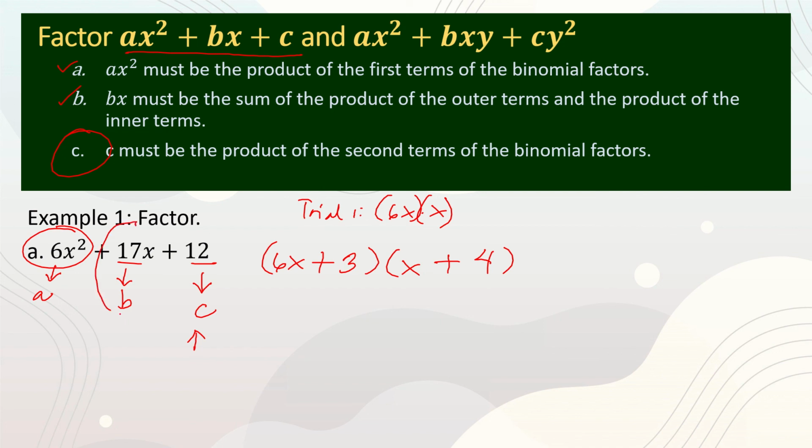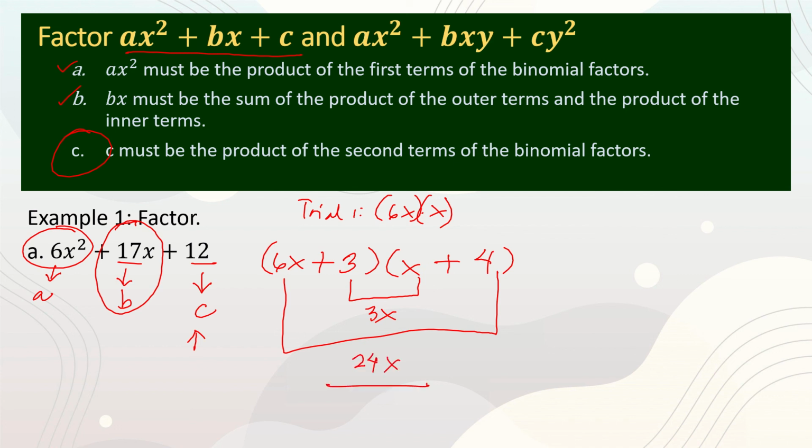So yung bx daw natin, itong 17x, dapat daw sum ng inner at saka outer term. So ito yung inner. So 3 times x, 3x. Outer term, 6x times 4. That would be 6x times 4 is 24.